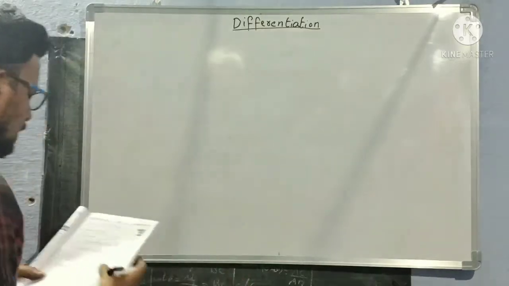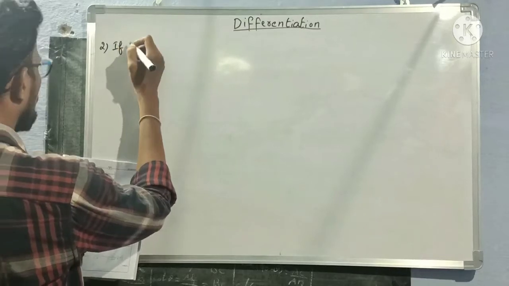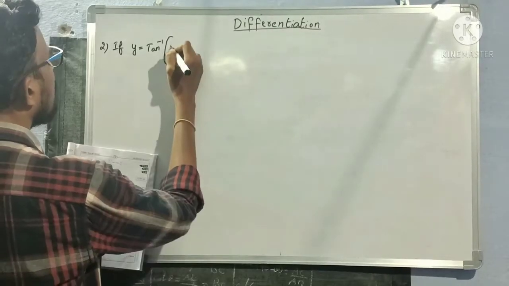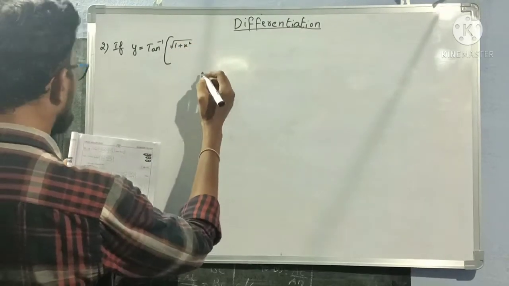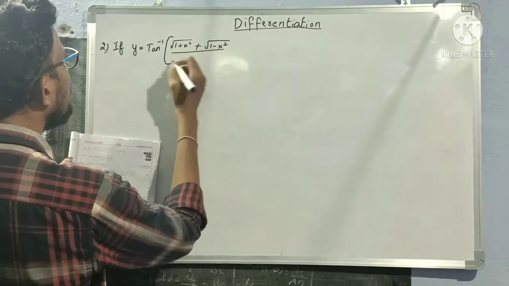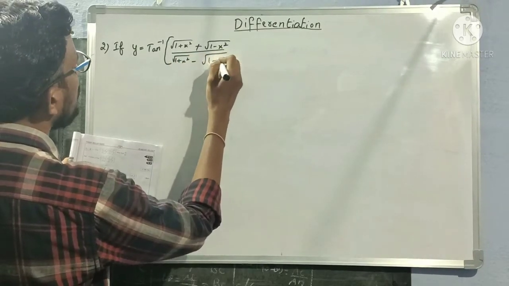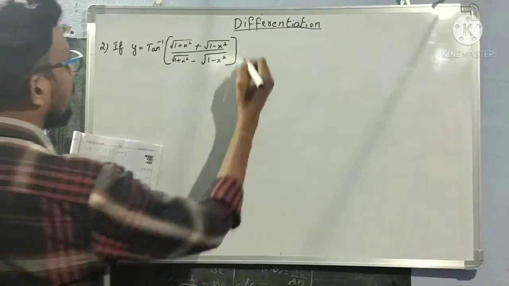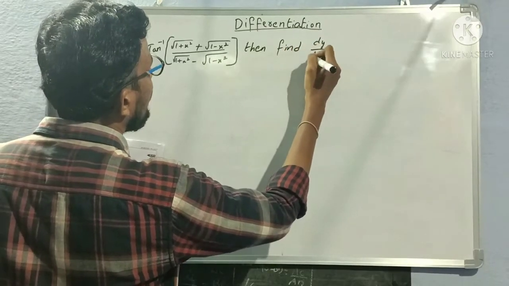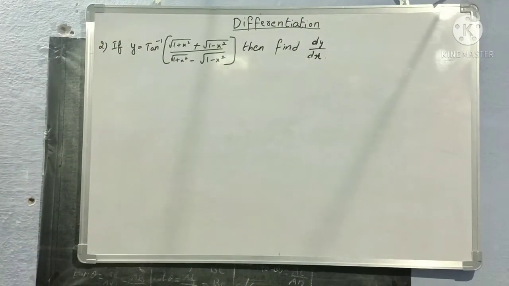Okay, so the next important problem is, if y is equal to tan inverse of square root of 1 plus x square plus square root of 1 minus x square by square root of 1 plus x square minus square root of 1 minus x square, then find dy by dx. This is the next important problem for 7 marks.